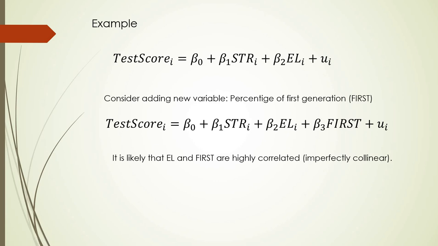In some districts it may even be the same number, because all the first generation immigrants become English learners. Therefore, it is likely that EL and first are highly correlated, but we have imperfect collinearity because some of those first generation immigrants will not come to the university, so we will have different numbers for the percentage of English learners and the percentage of first generation immigrants. But anyway, those two variables are correlated.